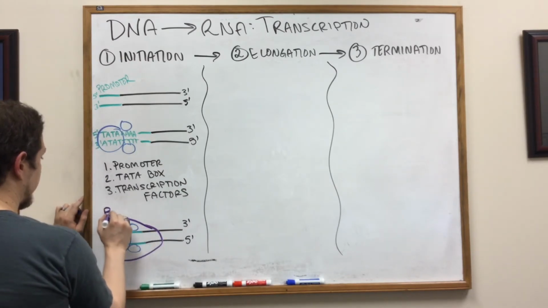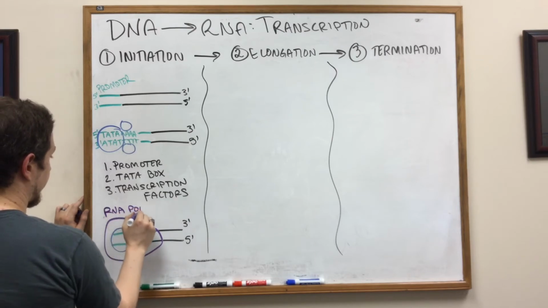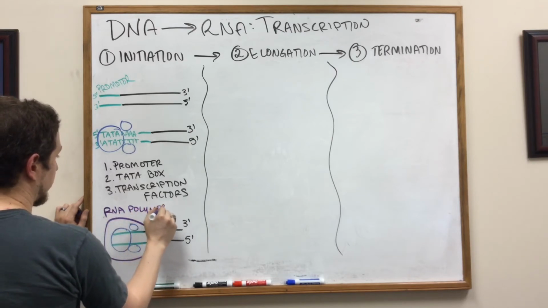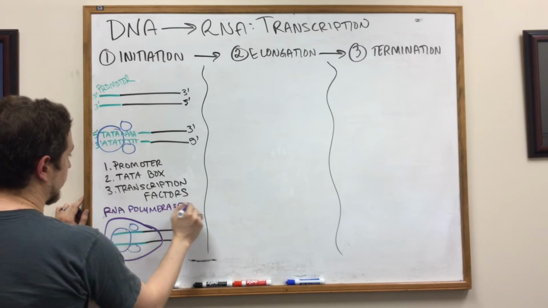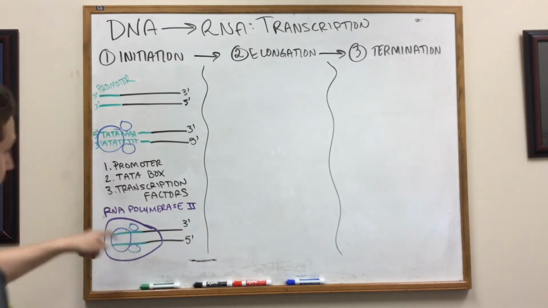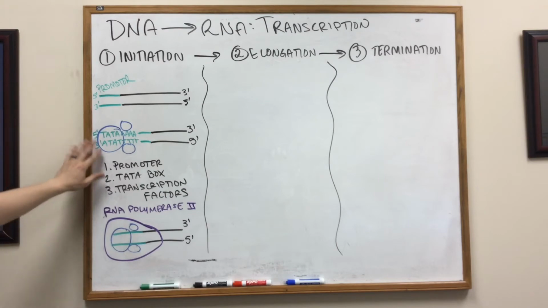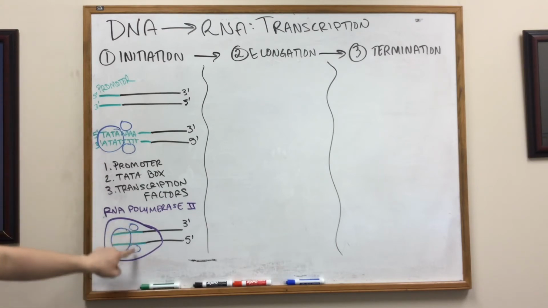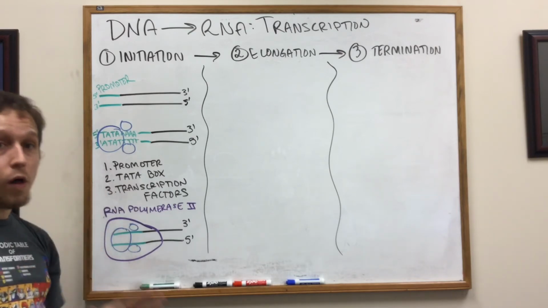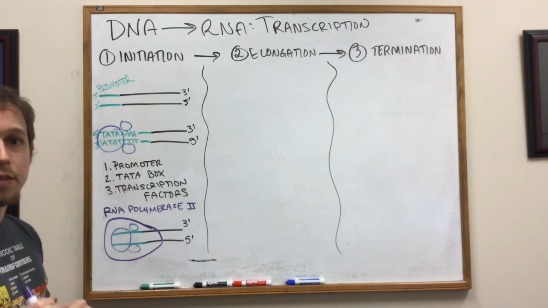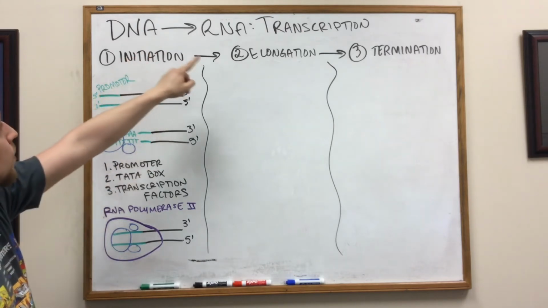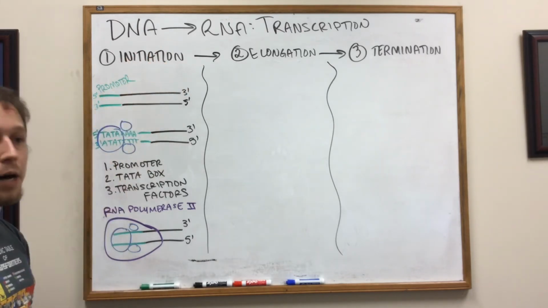So this is RNA polymerase 2. So to get RNA polymerase 2, I have to have these three things. And all of this together, the transcription factors, the TATA box, the promoter, and the RNA polymerase 2, all of that together is classified as the transcription initiation complex.